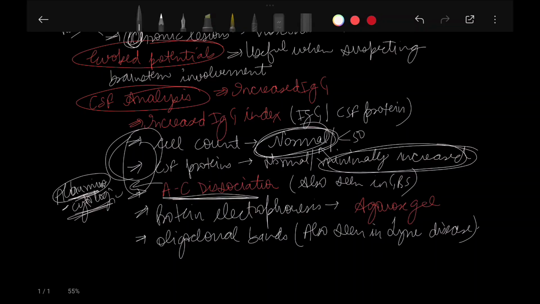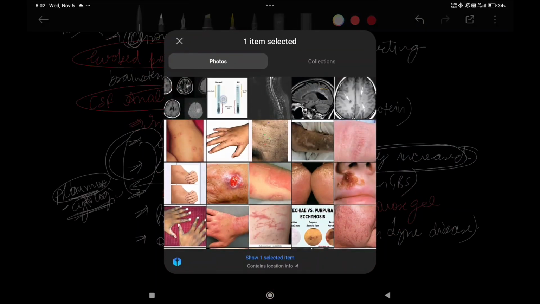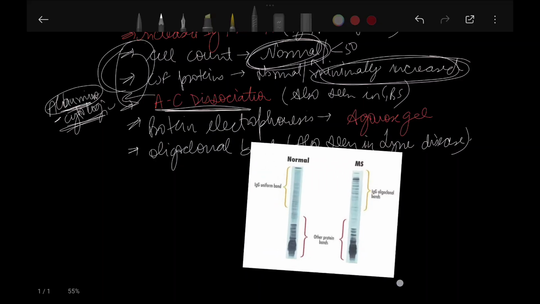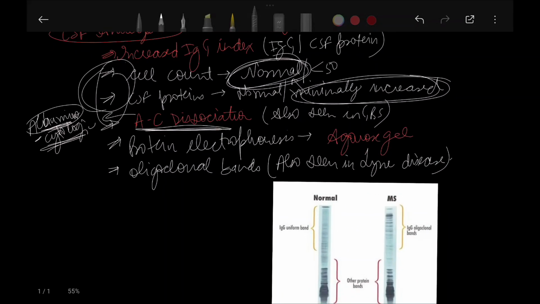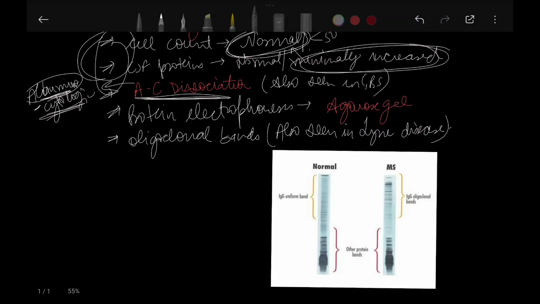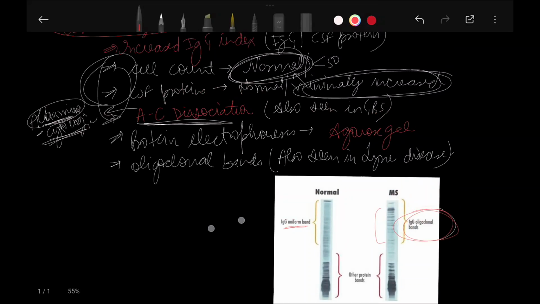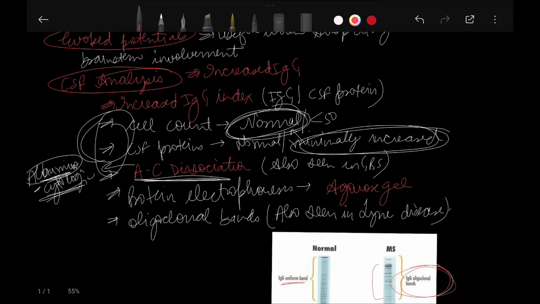Now, the image of oligoclonal bands is this over here. What happens is, due to increased IgG, there are IgG oligoclonal bands in multiple sclerosis. See, this is a normal IgG uniform band which is normally present. Other protein bands are normal. IgG is increased.